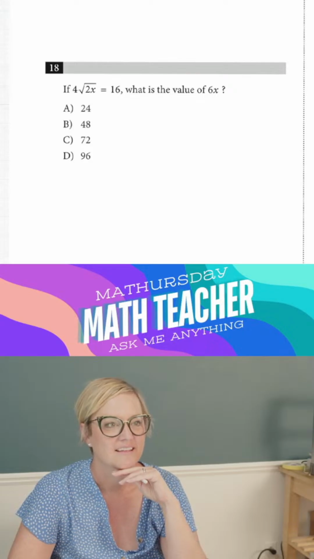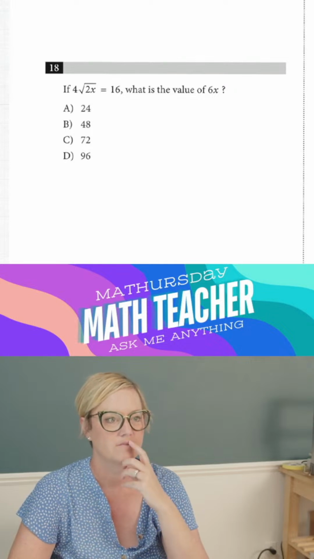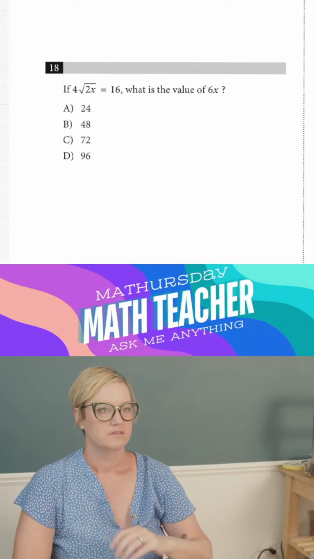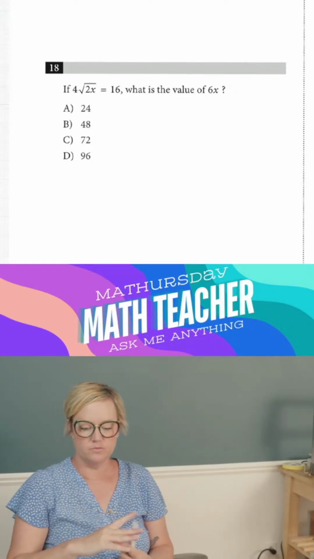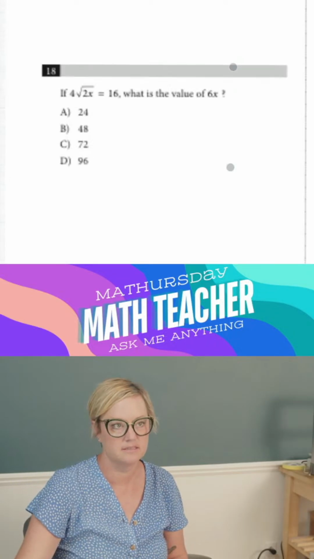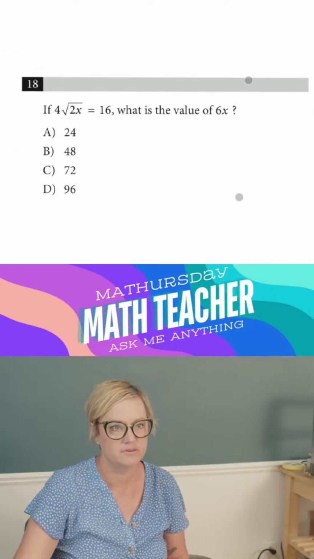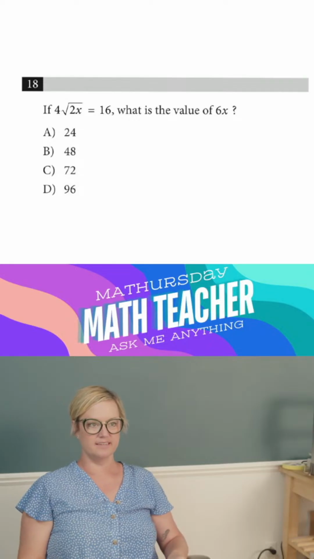Yeah, you just want a margin around. Okay, great. So we've got 4 times root 2x equals 16. So we're going to try to figure out what 6x is.